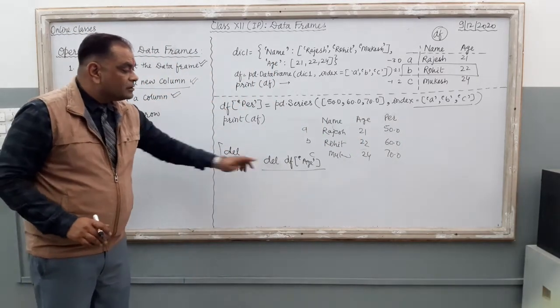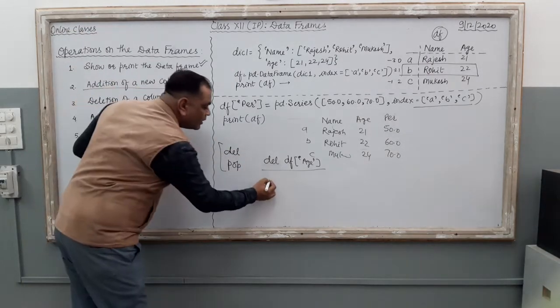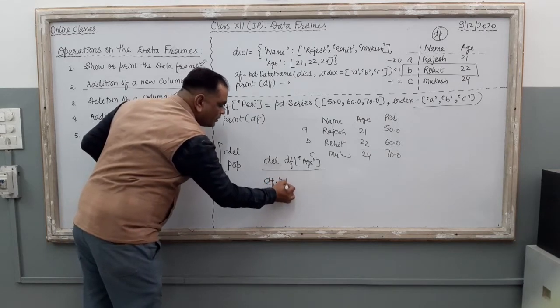So very first, either you can use this command or you can use this one, df dot pop.